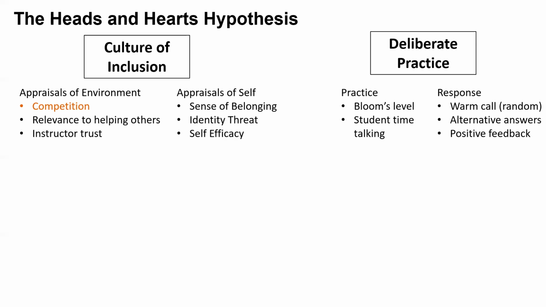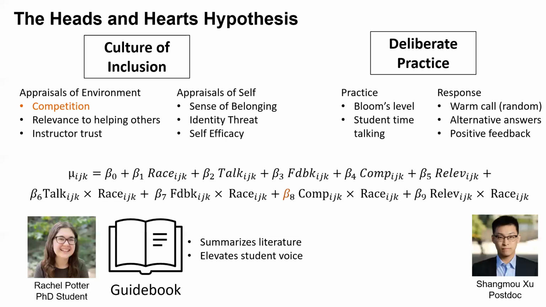Equity-minded instructors tend to disaggregate their data and look at student outcomes, but that always happens at the end of the quarter, when those data are available, and it is too late for those students then. So we're hoping to fit this predictive model and pair that with a guidebook to help instructors know what they can do to impact students.